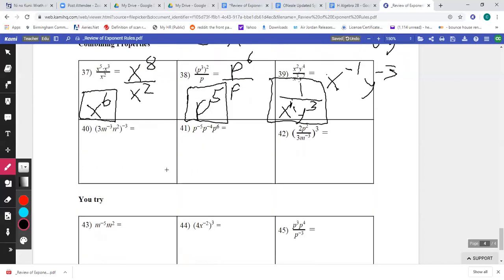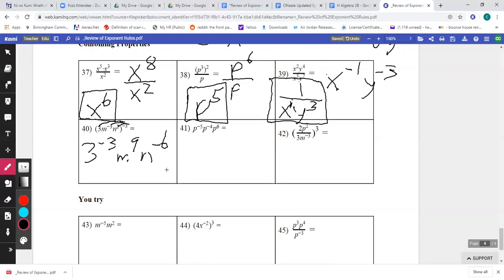Now for number 40, let's go ahead and try this one. So remember, like I told you before, you have to distribute that into both, to everything. So this is 3 to the negative 3, m to the 9th. Remember, negative times negative is positive. And then n to the negative 6. And then now you're just going to flip them.